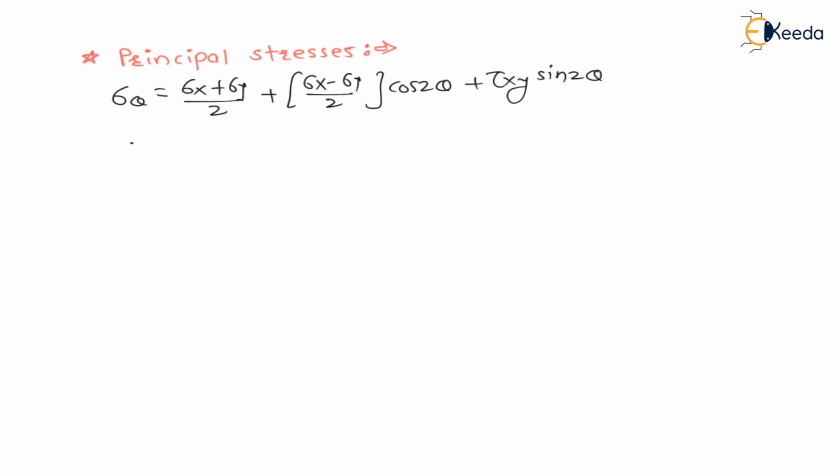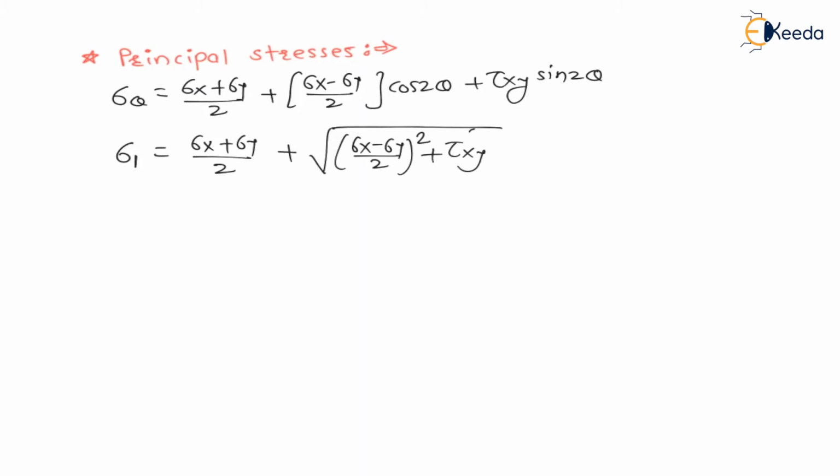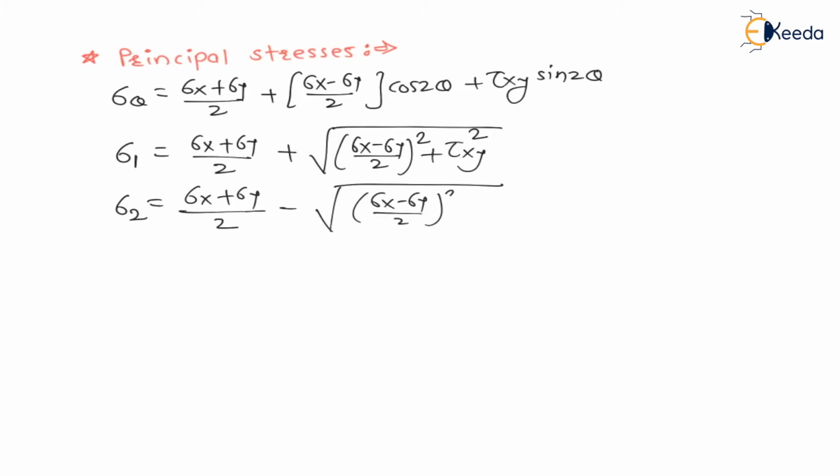Now while maximizing you will get sigma 1, which is (sigma x plus sigma y)/2 plus under root of ((sigma x minus sigma y)/2) whole square plus tau xy square. And during minimization you will find sigma 2 as (sigma x plus sigma y)/2 minus under root of ((sigma x minus sigma y)/2) whole square plus tau xy square.